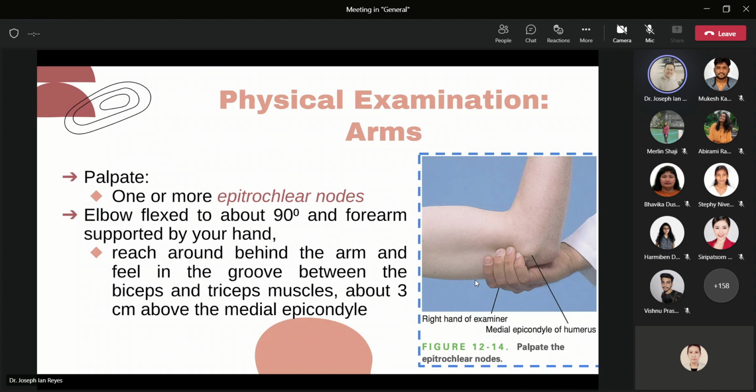Then reach around and behind the arm and feel the groove between the biceps and triceps muscle about 3 centimeters above the medial epicondyle. So try to feel that. If your patient has infection or inflamed lymph nodes, they will feel pain, and you as the physician would feel the mass.